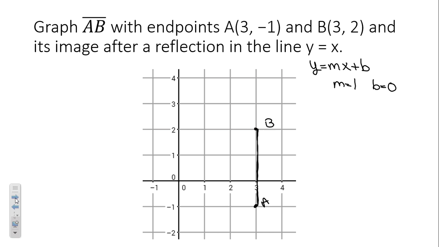So it's going through (0, 0), and it has a slope of 1. We're rising 1, running 1. Because if y equals x, then (0, 0), (1, 1), (2, 2), (3, 3), (4, 4), etc. will be on that line, as is (-1, -1). So dash your line, that's your reflecting line.